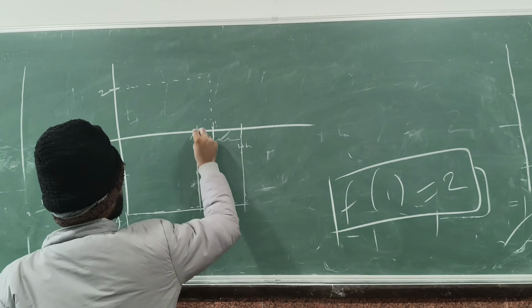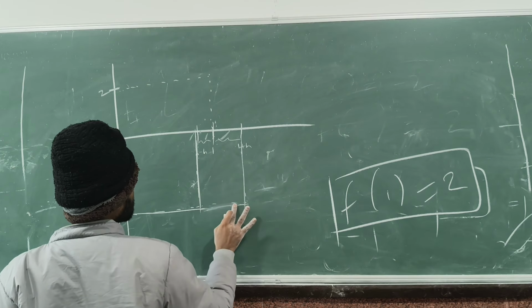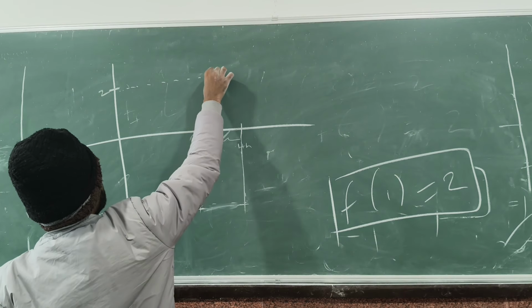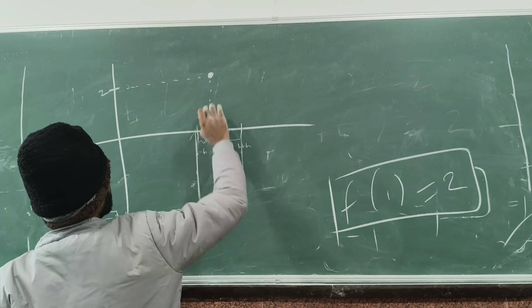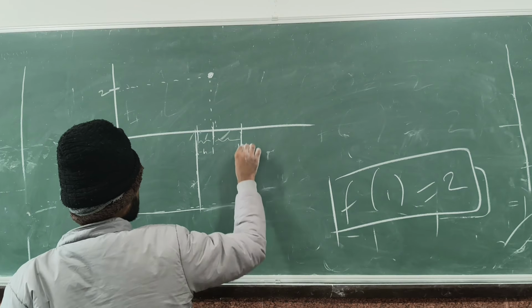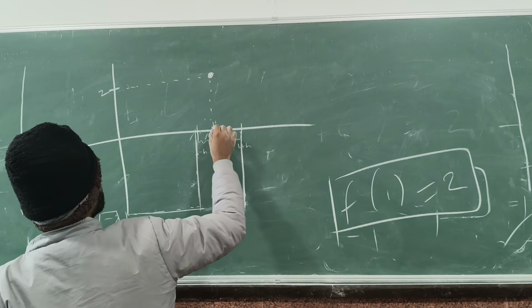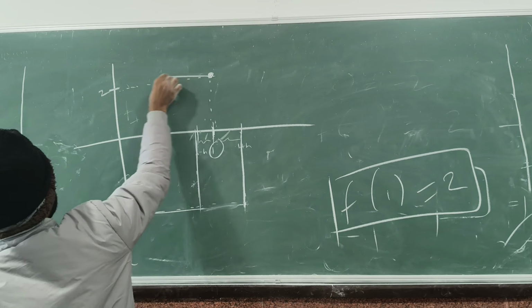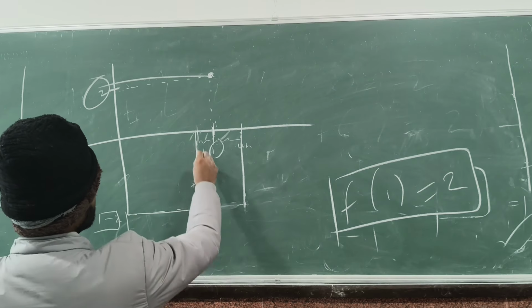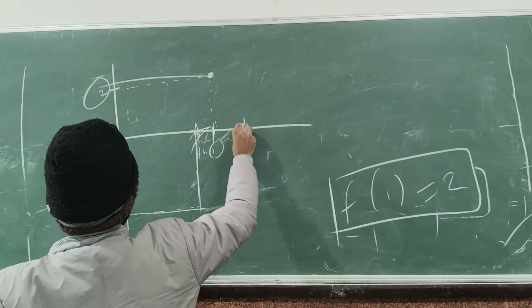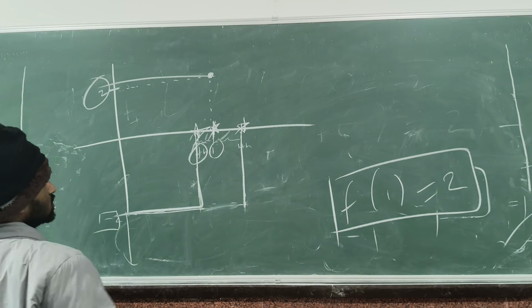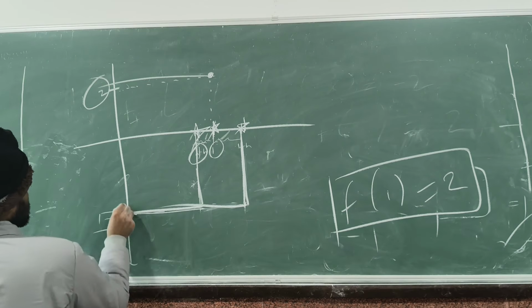Suddenly it shifted from here to here and again here. So at exactly 1 minus h we got minus 2, and at exactly 1 plus h we got minus 2.